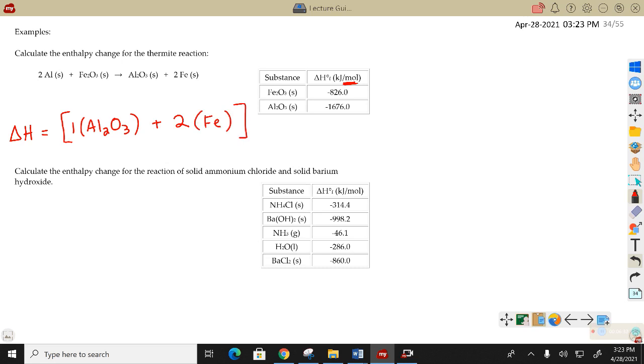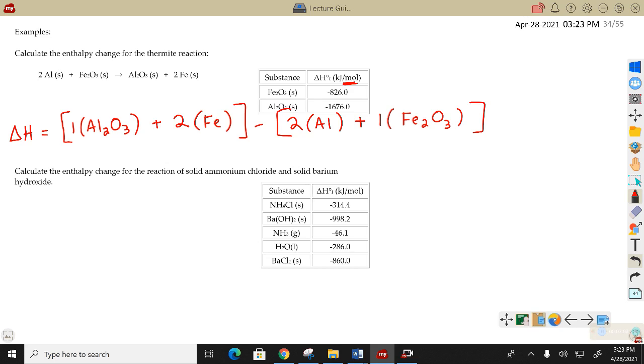There's the total energy of my products minus the total energy of my reactants. So I'm going to have 2 moles of aluminum and then 1 mole of iron oxide, Fe2O3. Here's what my setup looks like. Total energy of the products minus total energy of the reactants.